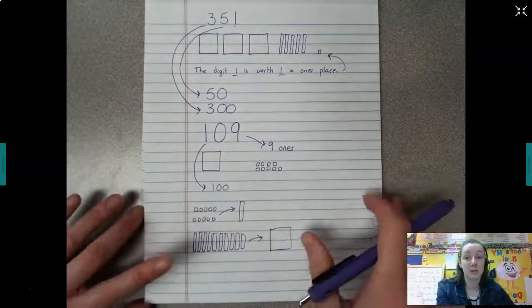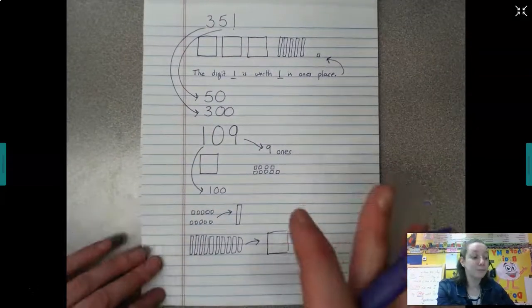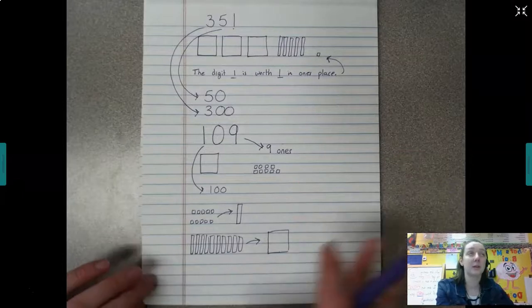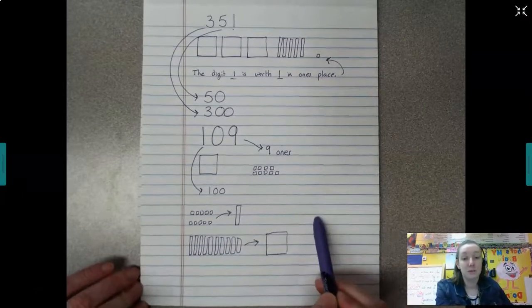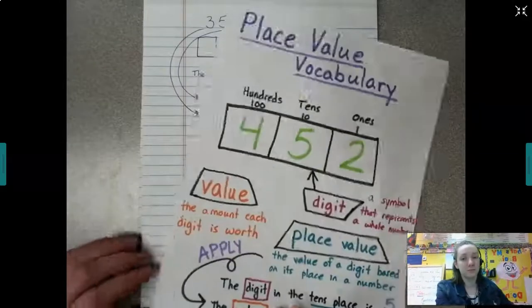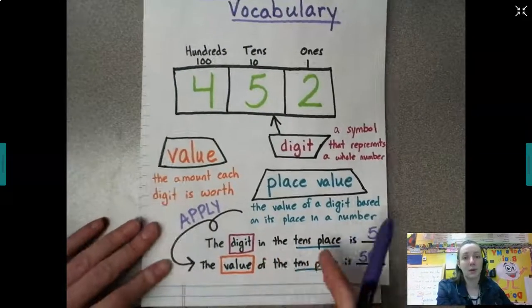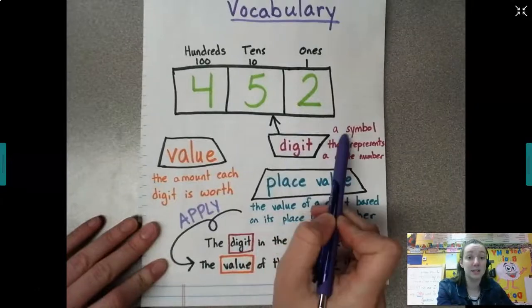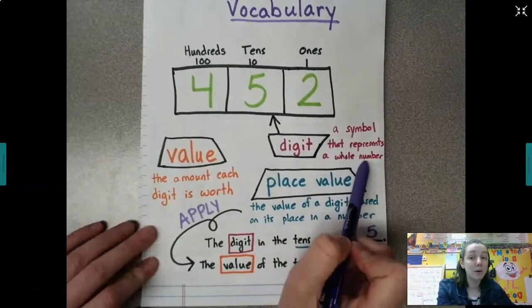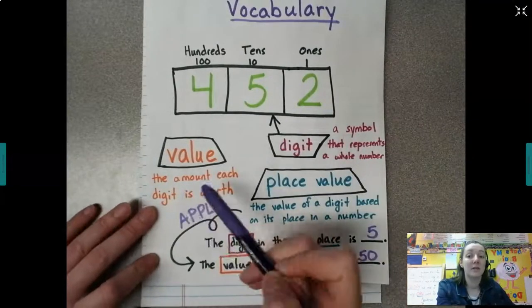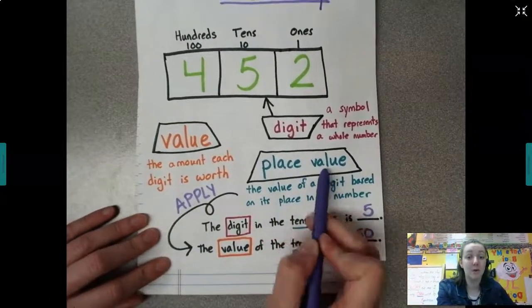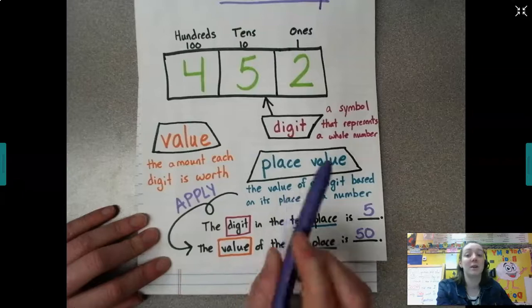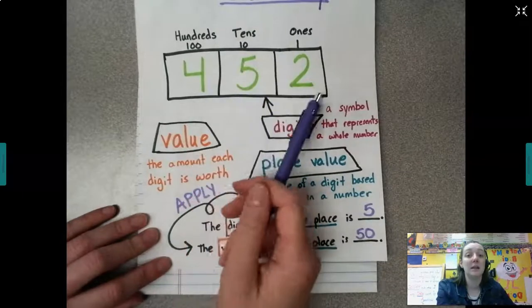And so we're going to be working with place value throughout the week. But this is your focus throughout the rest of the week and throughout lots of different things at the end of the year. But this is our focus for today. Okay, so to review, in your places, the digit is the symbol that represents the whole number. The value is the amount each digit is worth in normal circumstances, but the place value is the value of the digit based on its place in the number.